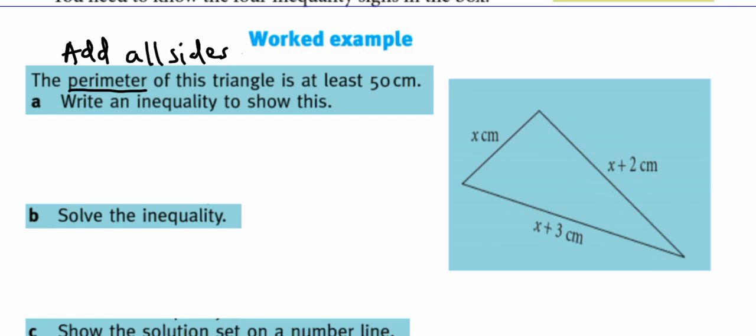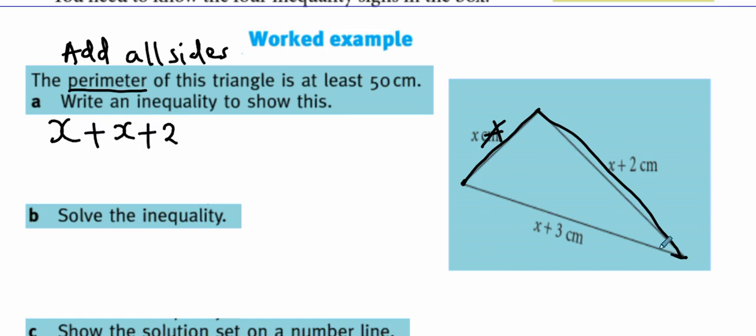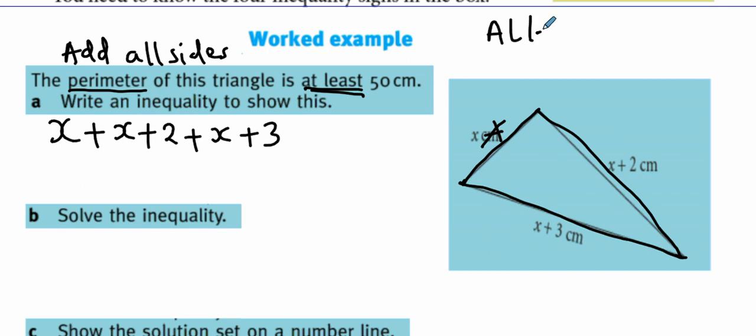So what we do here is take this side, which is x, ignore the centimeters, then add it to x plus 2, then add again x plus 3. But they're telling you the perimeter of this triangle is at least 50. Now, the English phrase at least is the same as the inequality greater than or equal to.